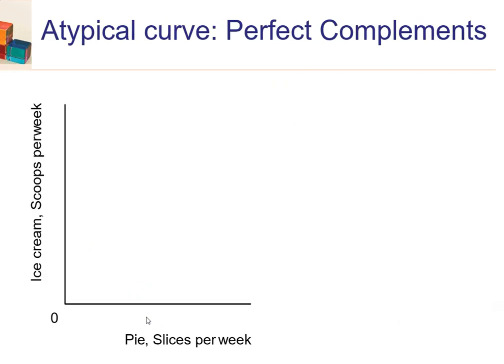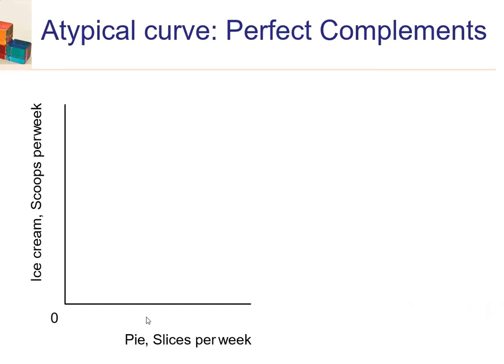Now let's do the other extreme case of perfect complements, goods that are only used if you can consume them in fixed proportions. Examples of this may be a car with 4 tires and 1 engine. Every engine you have, you need 4 tires to go with it. A car doesn't do you any good if you don't have 4 tires.